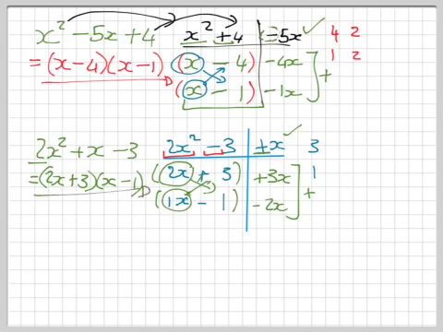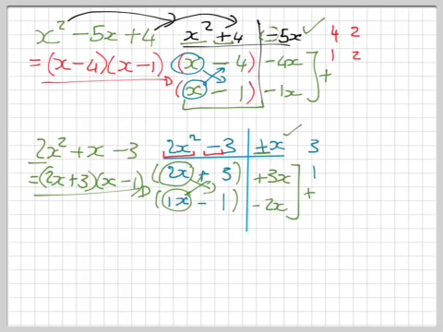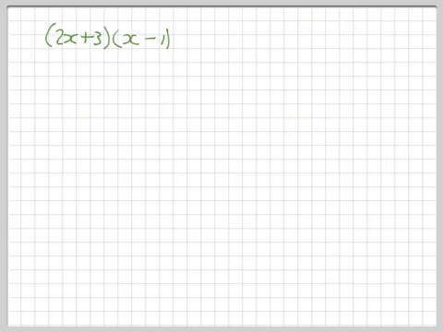Now, as promised earlier, I said to you, I would explain to you why we actually have to cross multiply. So let's quickly recap and think, but what is factorization? Factorization is the opposite or the reverse of multiplication. In other words, if I multiply these two brackets out, 2x plus 3 and x minus 1, I have to get this expression, 2x squared plus x minus 3.